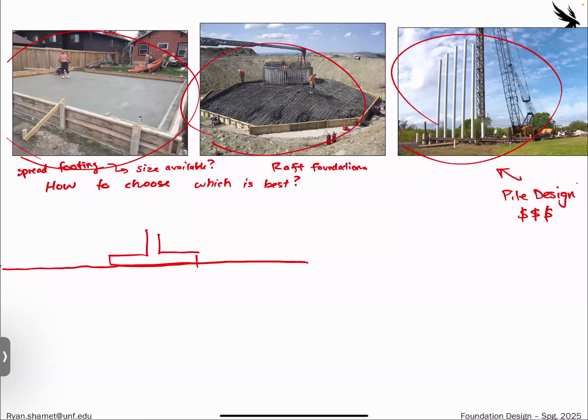When we load a foundation like this, we might expect some potential settlement. And we are going to talk about ways of calculating that. And that might be a concern if one spread footing settles and the other one doesn't, if you're not on a monolithic foundation, if you have multiple spread footings.